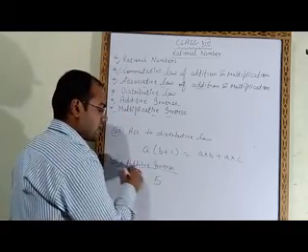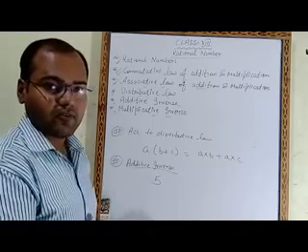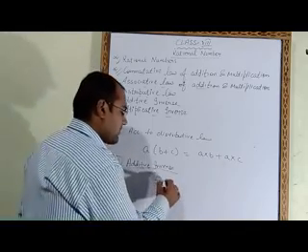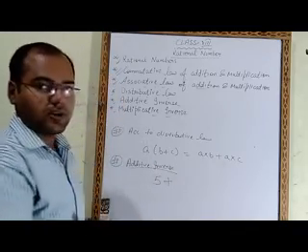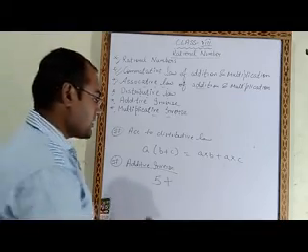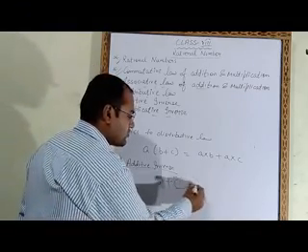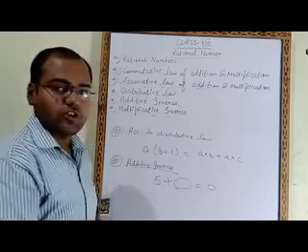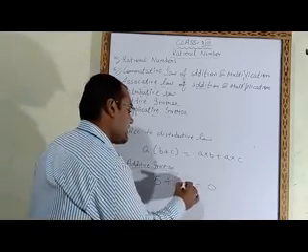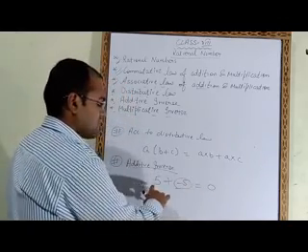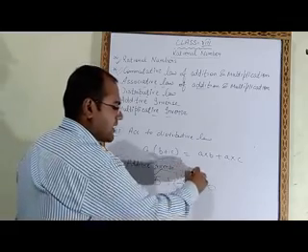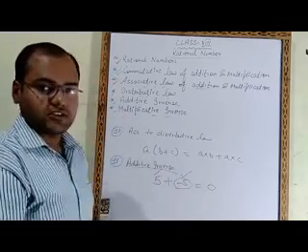Suppose I have taken one number 5. In this I have to add one more number such that the addition of these two answers should be equal to 0. So here I will take minus 5. That means addition of 5 and minus 5 answer will be 0.